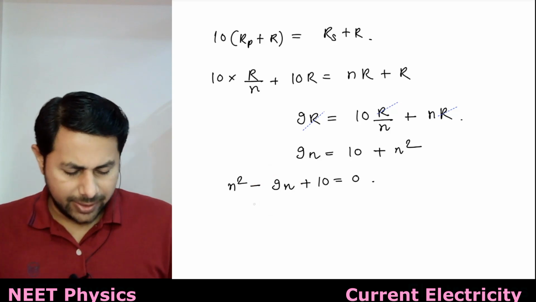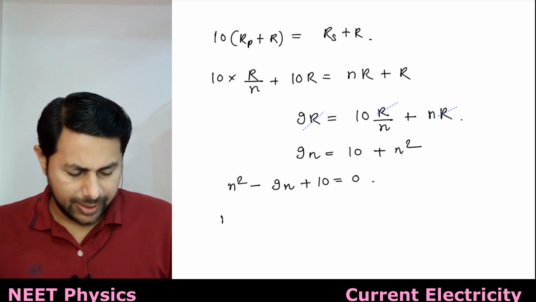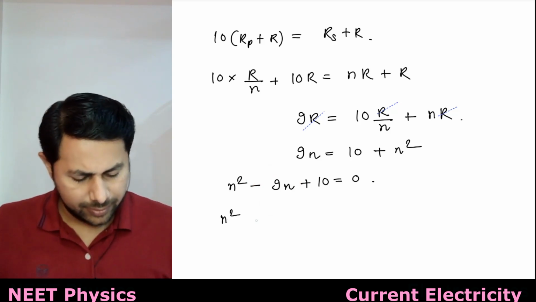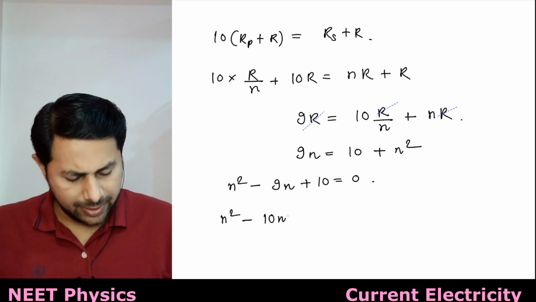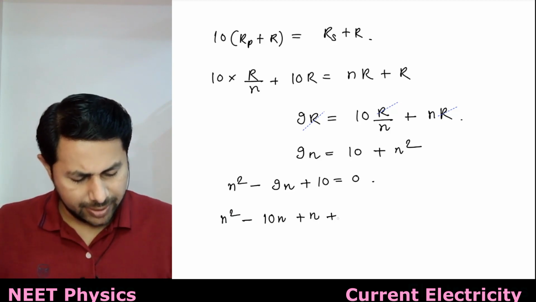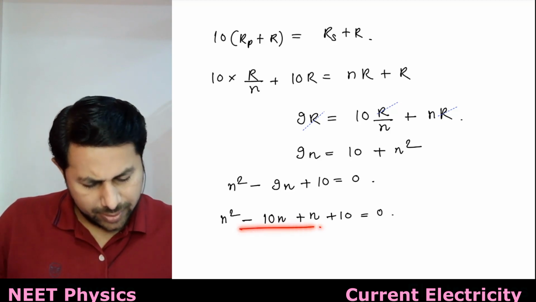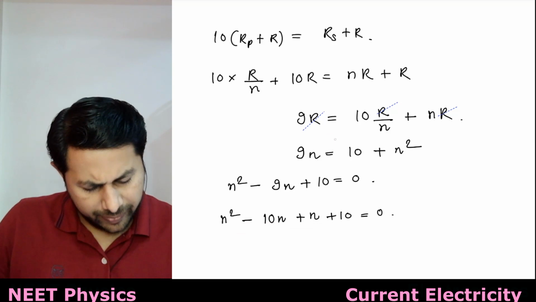Okay, so we can factor this out. So it will be n square minus 10n plus n plus 10 is equal to 0. Did I make some mistake somewhere?